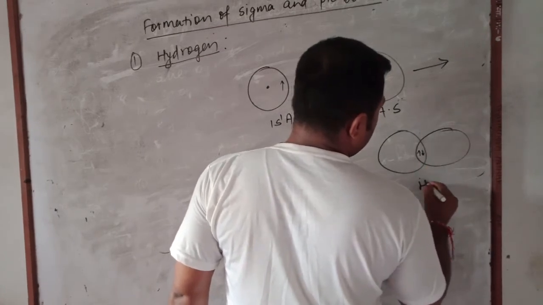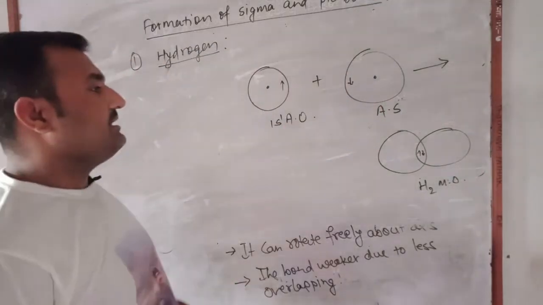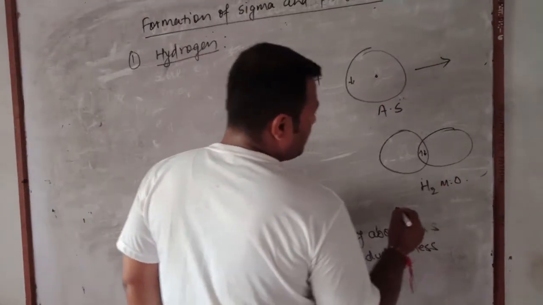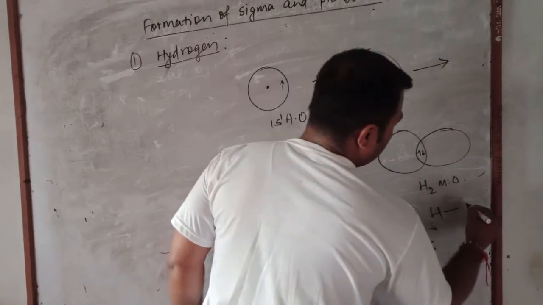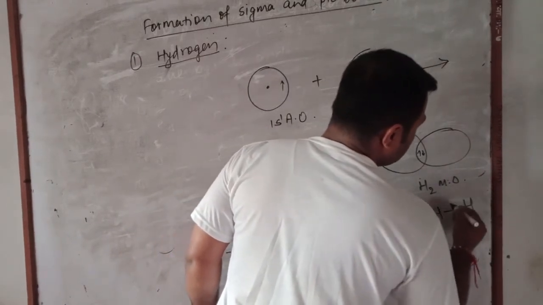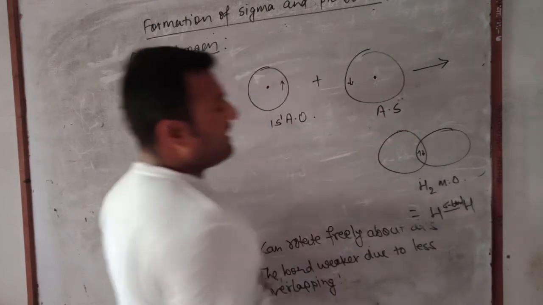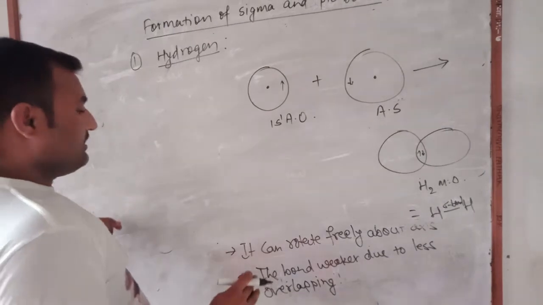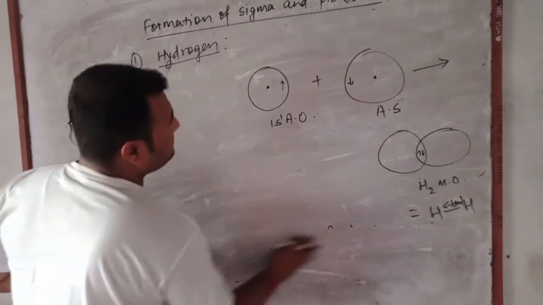It is called the H2 molecular orbital. And here the bond formed is a single bond, which is always a sigma bond, explained by the overlapping of 1s atomic orbitals.